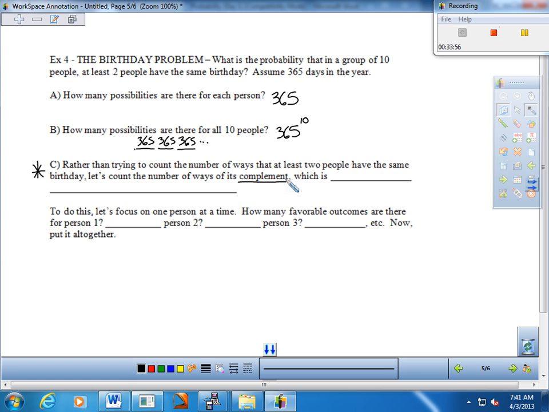So what would be the complement of at least 2 people having the same birthday? Well, again, we're looking for the opposite. So if the event we're looking at is at least 2 people have the same birthday, then the complement of that, the exact opposite of what we want, would be, in this case, the number of ways that no 2 people have the same birthday.